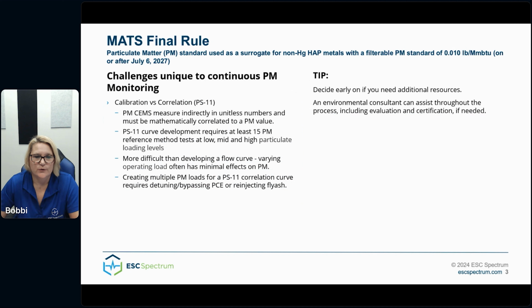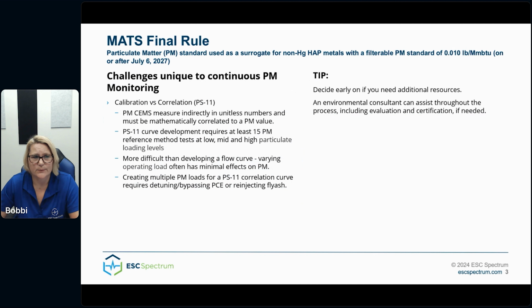You'll want to make sure you think about how you're going to correlate the instrument early in the planning process. You don't want to install a monitor and then find out that you can't introduce PM sufficient for a PS11 correlation at that location. This planning may require cross-departmental cooperation and extend the timeline, so now is not too early to start the planning process.